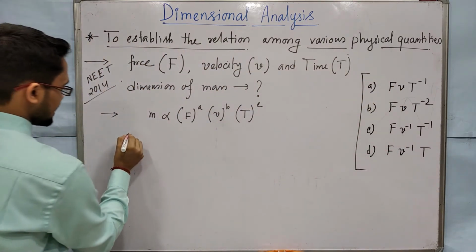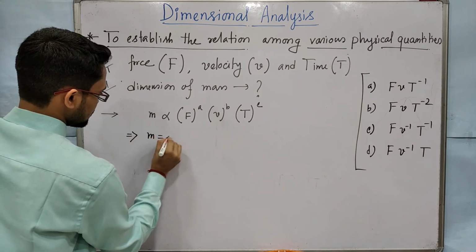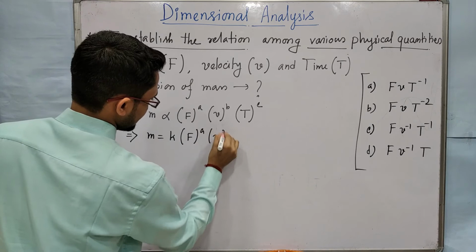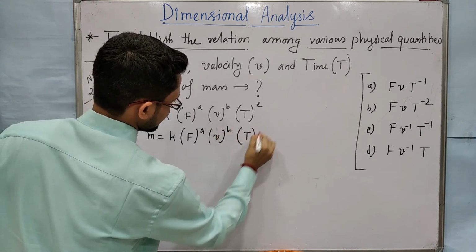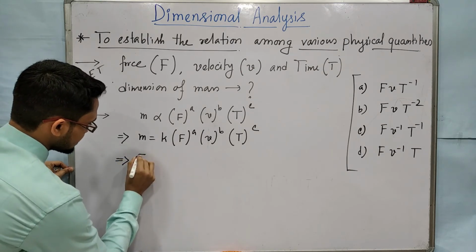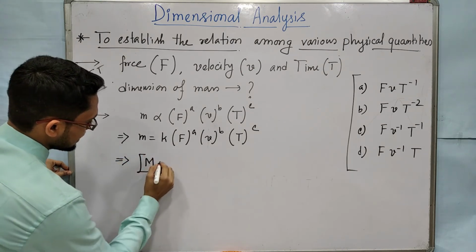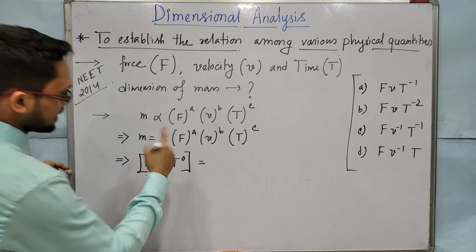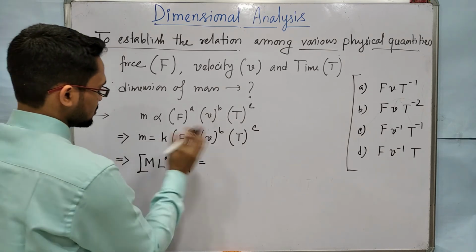Okay, now we'll write M equal to K, F to the power A, V to the power B, T to the power C. Then the dimension of M, capital M, L, T are missing, so L to the power 0, T to the power 0. K is a dimensionless constant, so leave it.